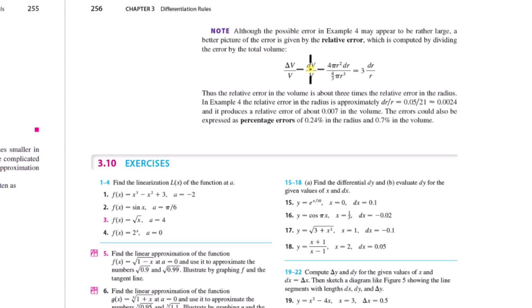So it's dV divided by V. If you look at it from that perspective, with the radius deviating by 0.05, like 0.05 divided by 21, that's 0.24%. And then dV divided by V is 0.7%.